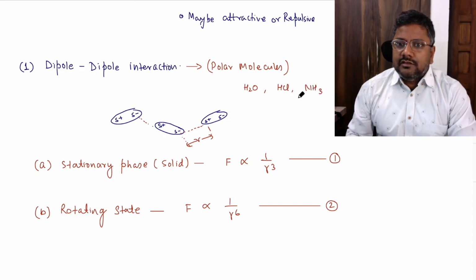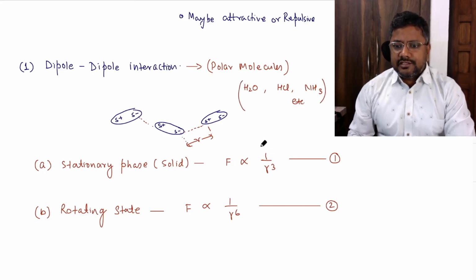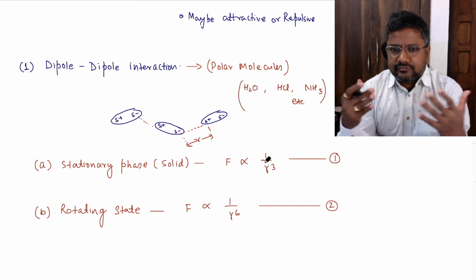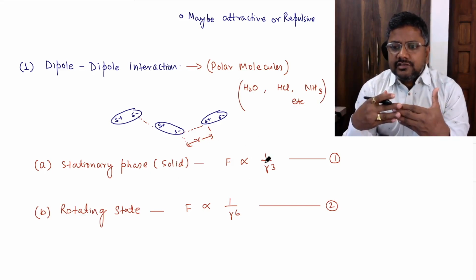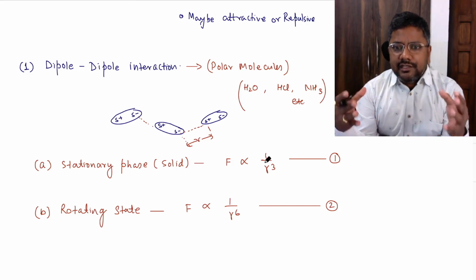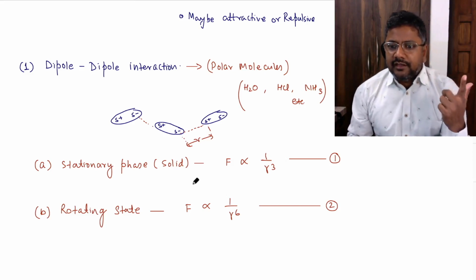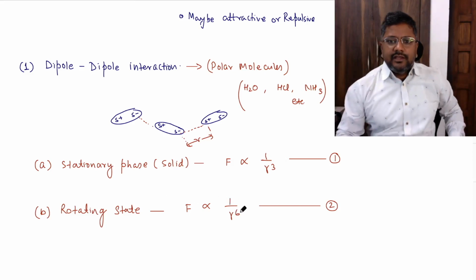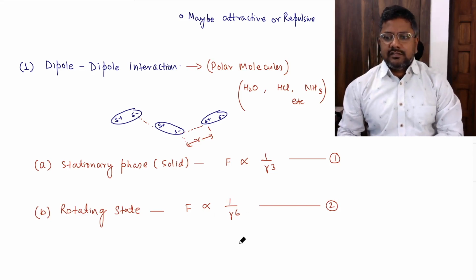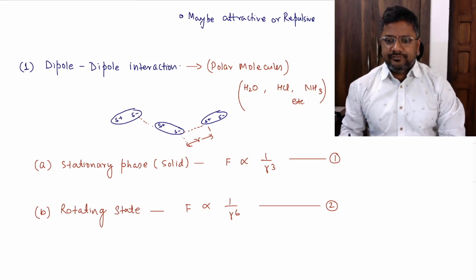So when water is present as ice in the solid phase, then the force varies with r cube. But when you are taking water vapor, then the force will vary with r to the power 6, right?